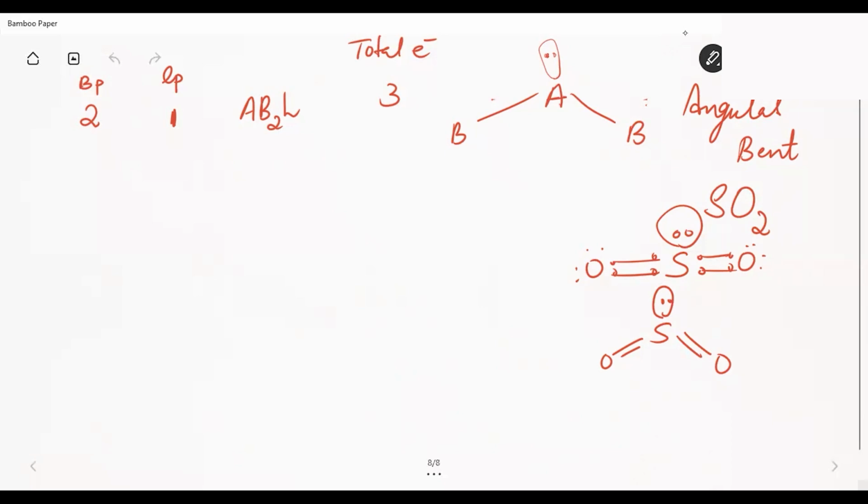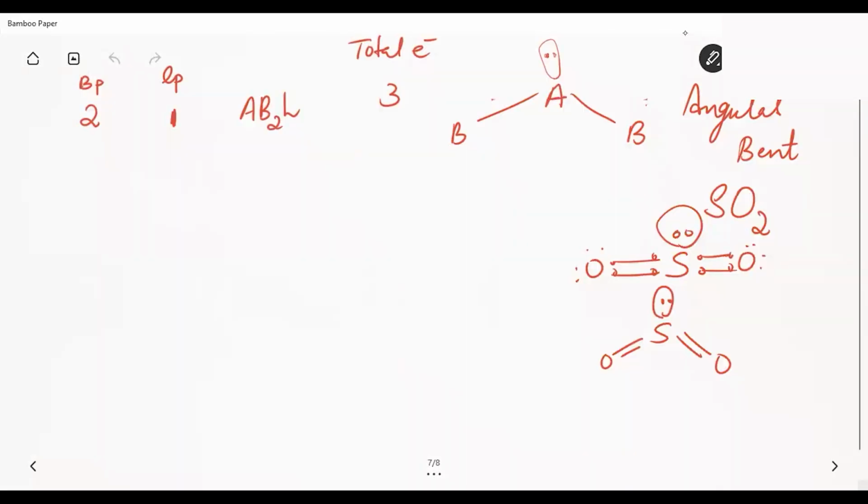Moving to the next one, having electron pairs. Here we have written bond pair 2. We took bond pair 1 for the last case, so here we are going to take 2 bond pairs. So this is the case of AB2 with lone pair 2.